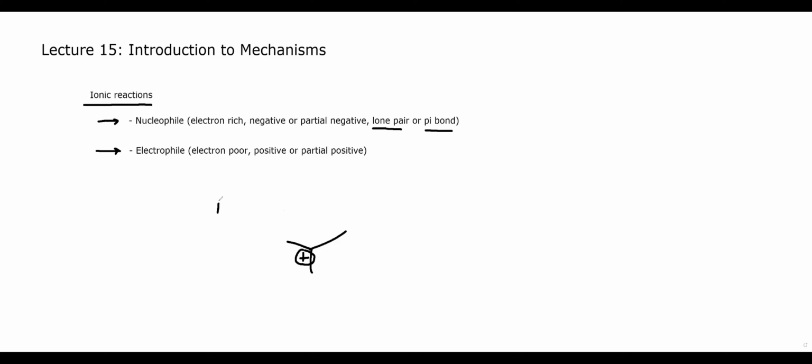A nucleophile, I'm just going to draw Nu as a generic nucleophile, could make a bond to that electron deficient carbon, which would give us this. Nucleophile bonded to that electron deficient carbon. Okay, so this is sort of the generic process for a nucleophile combining with an electrophile.